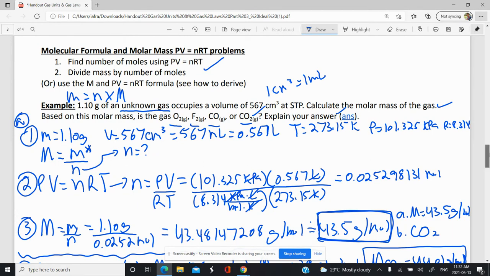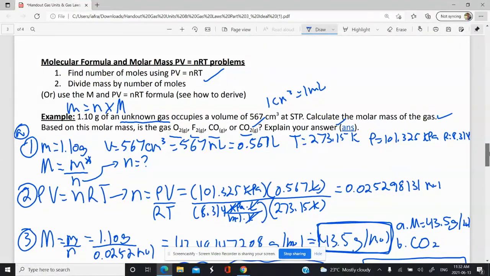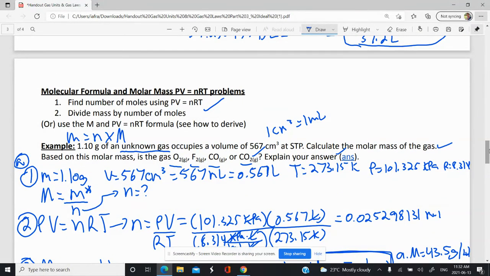There is a formula you could use to find molar mass from PV equals nRT. So here I'm going to show you how to derive it. Remember that we have PV is equal to nRT. So the number of moles is equal to PV over RT, because you're just isolating n by sending RT to the other side.